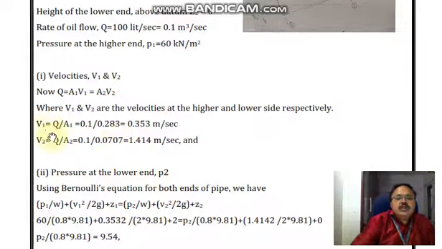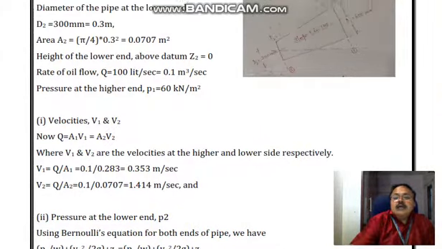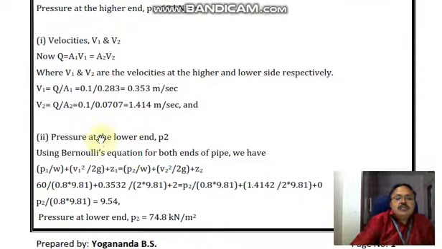Substituting them, we are getting the velocities V1 and V2. Now pressure at the lower end P2 is to be calculated, that is at section 2, using Bernoulli's equation. We have the sum of the three heads, that is pressure head plus kinetic head plus datum head.